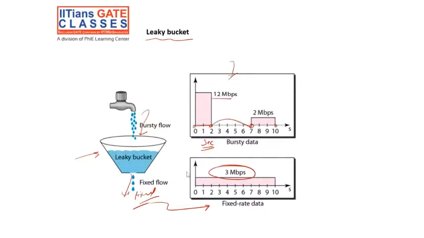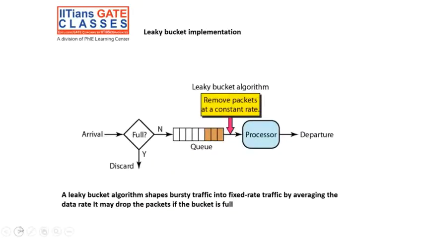That's the algorithm. So some algorithm we are applying on the router, right? Now see, this is the leaky bucket implementation. Let's say the arrival of a packet comes. If the queue is full, then discard the packet.